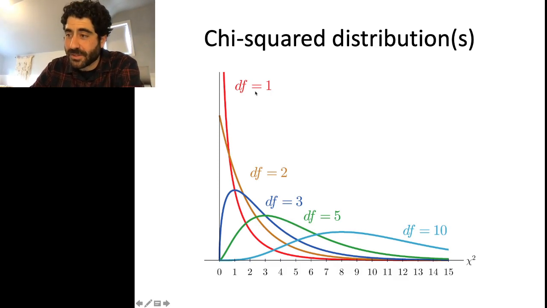For degrees of freedom of 1, for example, a chi-squared of like 3 or 4 is kind of impressive. It's hard to get beyond that in this null distribution. For a degrees of freedom of 10, 3 or 4 is not at all impressive. You need to be out here probably like 15 or so to be interesting.